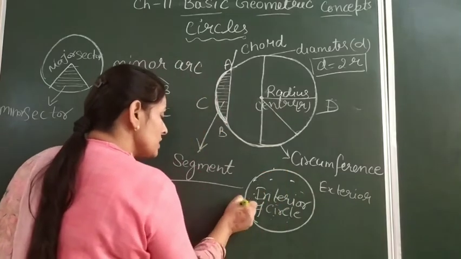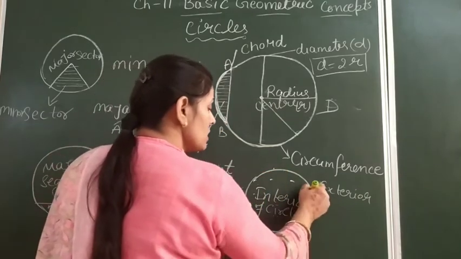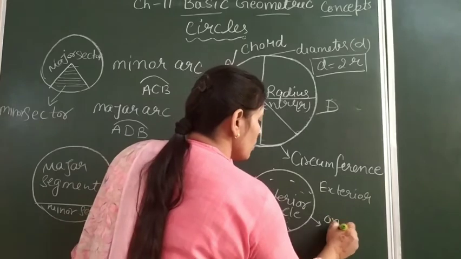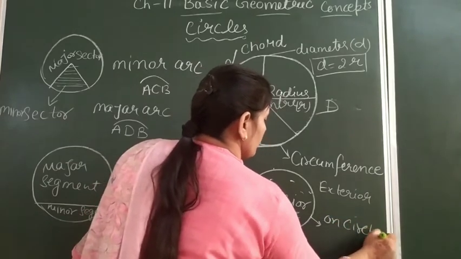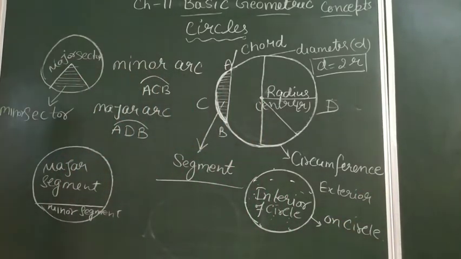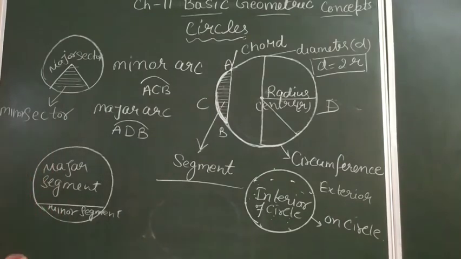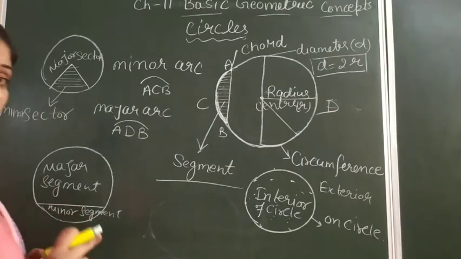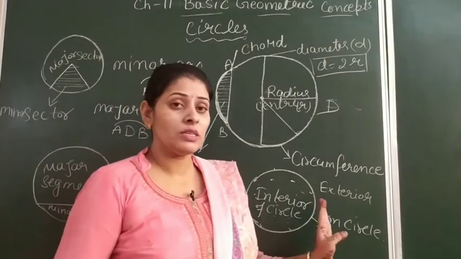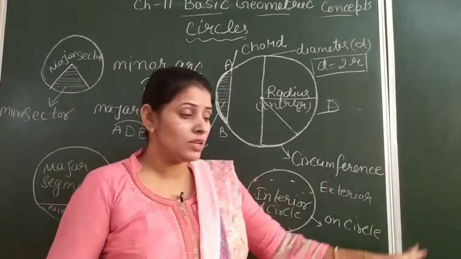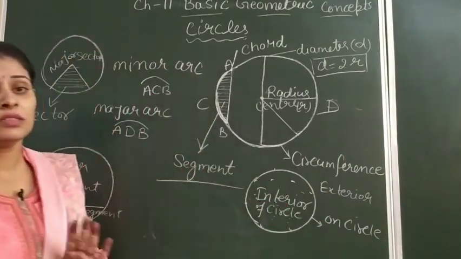If any point lies on the boundary, it is on the circle. So our given surface is divided by the circle into three parts: interior of the circle, exterior of the circle, and on the circle.